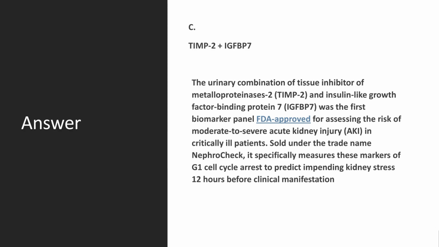Sold under the trade name NephroCheck, it specifically measures these markers of G1 cell cycle arrest to predict impending kidney stress 12 hours before clinical manifestation.